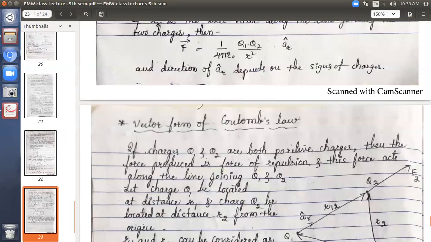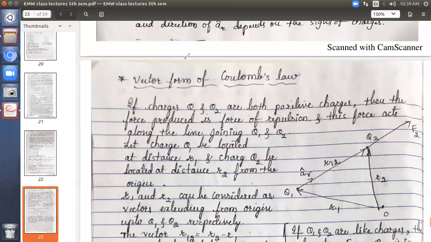Vector form of Coulomb's law. In order to get this vector form, initially I have assumed both the charges are positive charges, means like charges I have considered. So the force that exists between these two charges is a force of repulsion because both are like charges. If you observe, this is the origin.